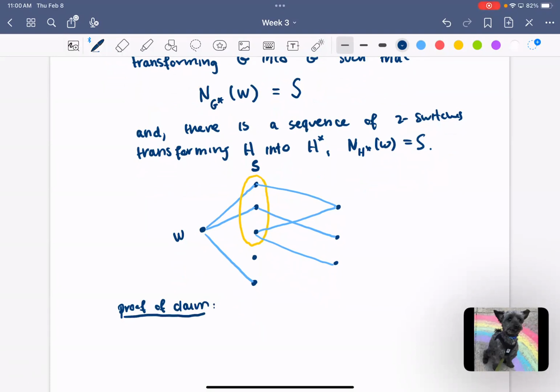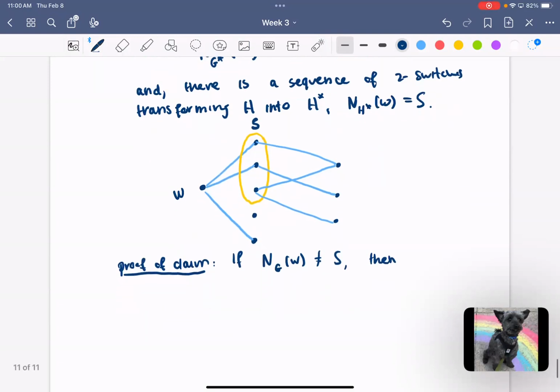If the neighborhood of W is not already equal to S, then there's some vertex X in S which is not contained in the neighborhood of W. So if the neighborhood in G of W is not equal to S, then there is some X in S where X is not in the neighborhood of W. Let me draw that in the picture.